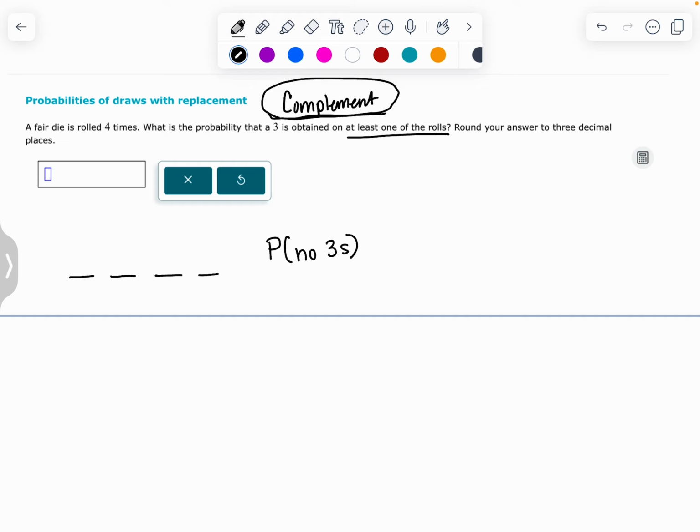And a complement says you can find the probability of at least one 3. It would be 1 minus the probability of no 3s. That's what a complement tells us.